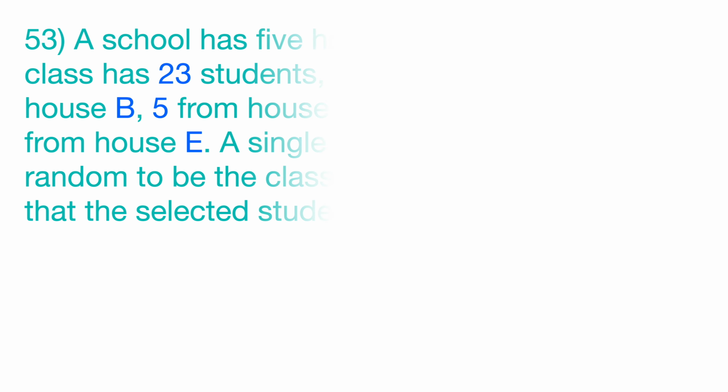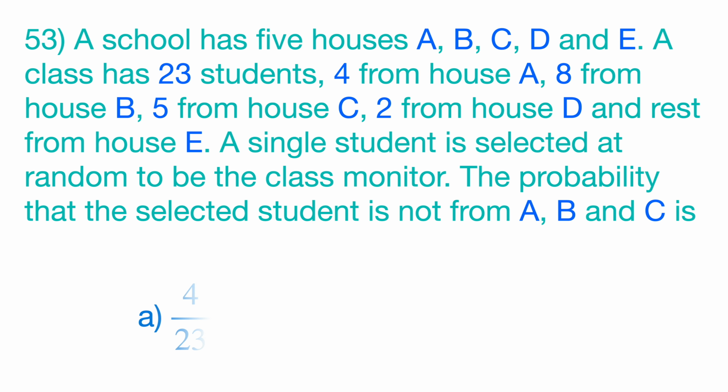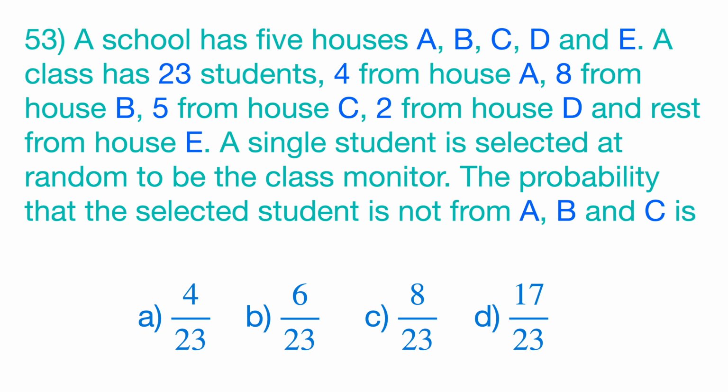A school has 5 houses A, B, C, D and E. A class has 23 students. Okay, 4 are from house A, 8 from house B, 5 from house C, 2 from house D and the rest from house E. A single student is selected at random to be the class monitor.